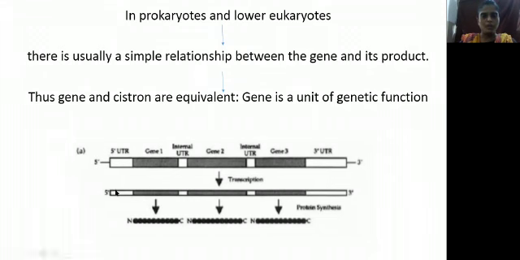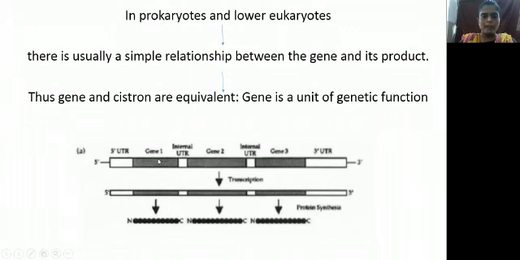See, here in the diagram it is given. This is a single gene, that is gene 1, gene 2, and gene 3. In between two genes, internal UTRs, that is untranslated regions, are present. But within a gene, non-coding sequences are not present. Between two genes UTRs are present, but within a gene, non-coding sequences are not present.